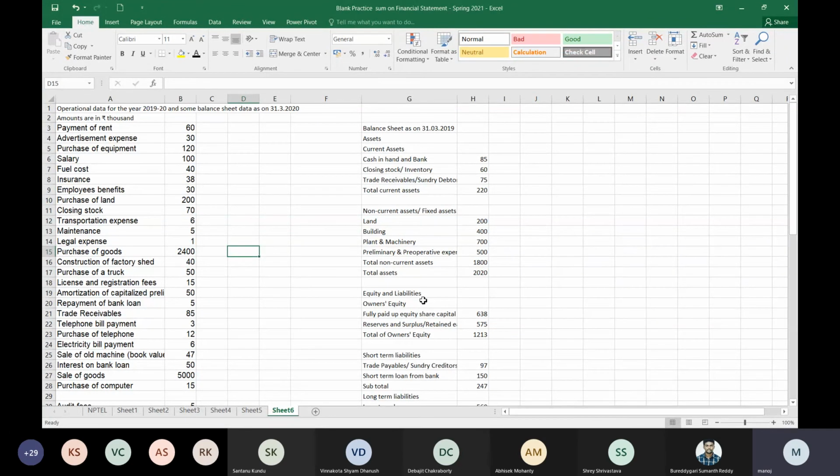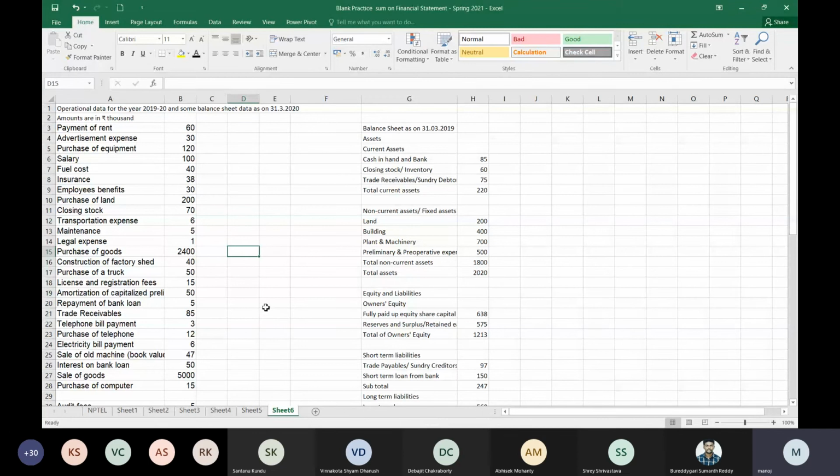Operating profit is nothing but gross profit minus operating expenses. So gross profit is already done, and then you estimate operating expenses, deduct that from gross profit, and you get operating profit. Then you deduct interest payment to the bank or interest payment in general, you get profit before tax, you pay tax, and then you get net profit.